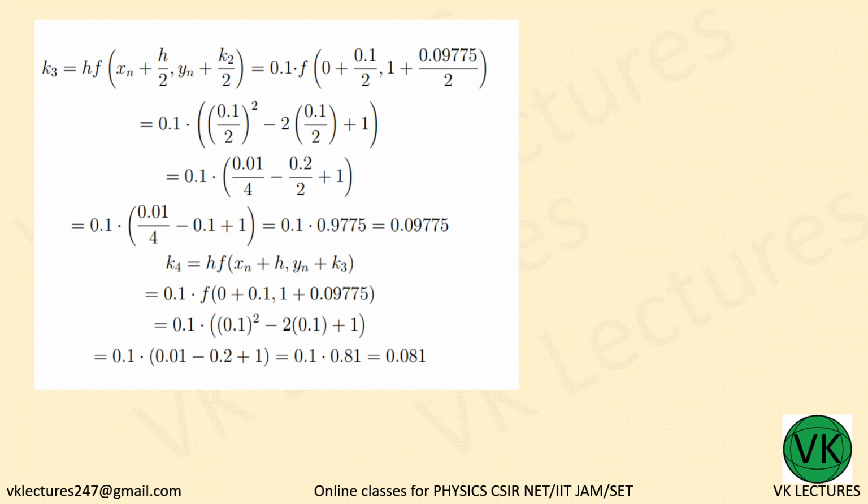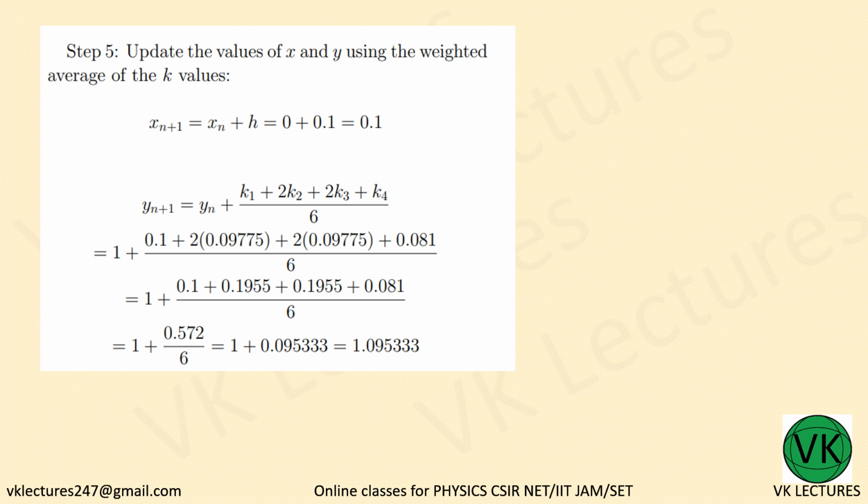Similarly we can find the values of k3 and k4, and substitute in the formula. This is for the value of x, this is the value of y: yn plus 1 equal to yn plus (k1 plus 2 k2 plus 2 k3 plus k4) by 6. This is a weighted average of the k values.